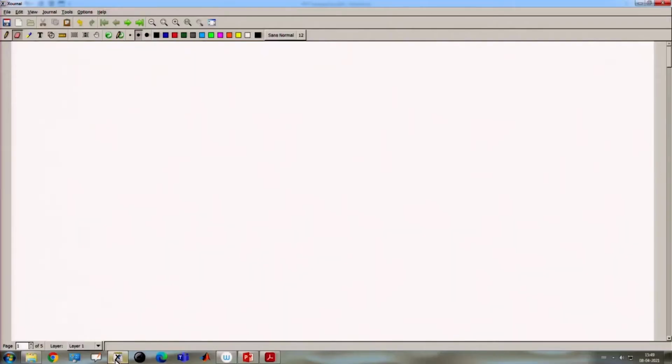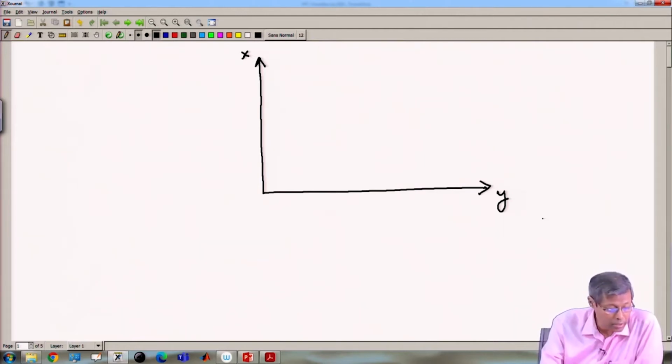Let us draw firstly the structure of a partially filled dielectric waveguide. For our axis, we will be retaining our original axis, which is x axis up, y axis in the horizontal direction.